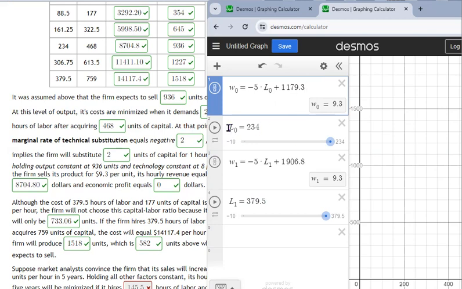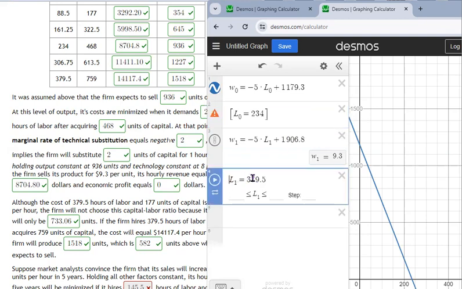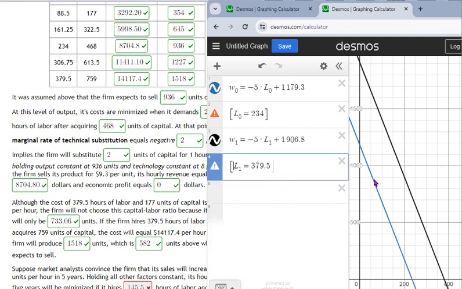So if I unassign L's that right there, and I unassign this one, I can see that my labor demand must have shifted from where it was initially to out here, right? Why did labor demand increase from blue to black?